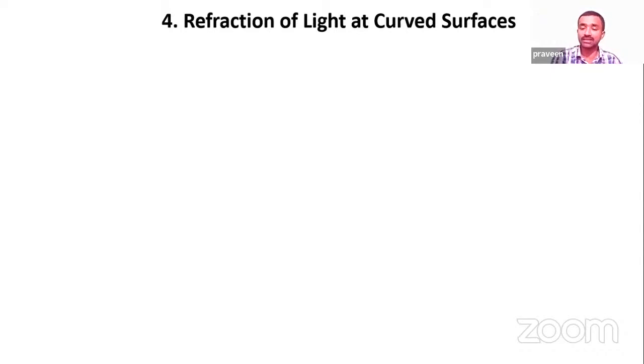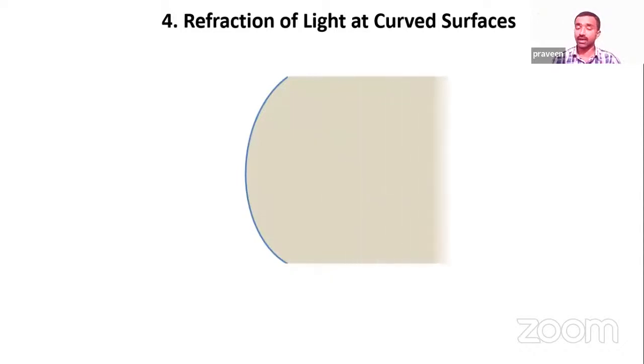Now we'll go for another case. It is about the light ray which is parallel to the principal axis. Suppose here I am taking a curved surface, and on the convex surface side consider the rarer medium, and on the concave surface side consider the denser medium.